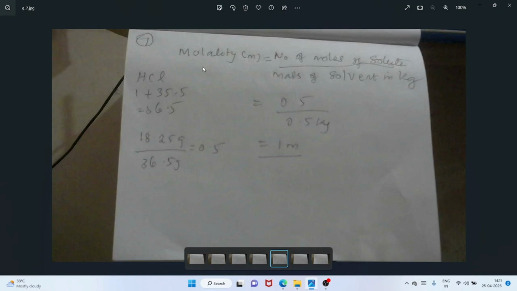This is different from the molarity. Okay, so number of moles is 0.5 and this 500 gram is 0.5 kg. Okay, this 1 m is the molality.